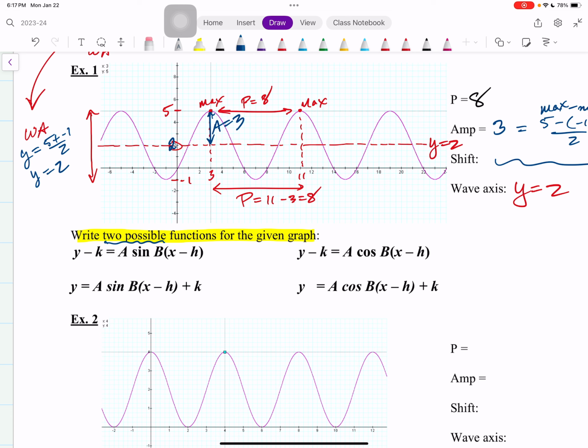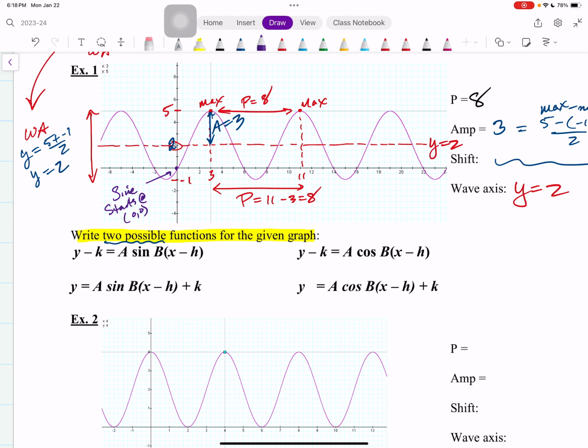Okay, so let's talk about sine first. So the sine function typically starts at the origin, as you guys know. So I'm going to make a note of that here. So I'm going to switch to a new color here. And okay, so I'm going to make a little note in purple here. So the sine function starts typically at the origin.